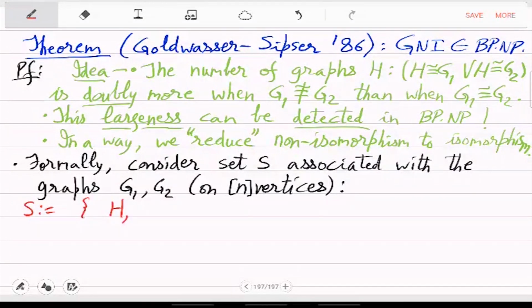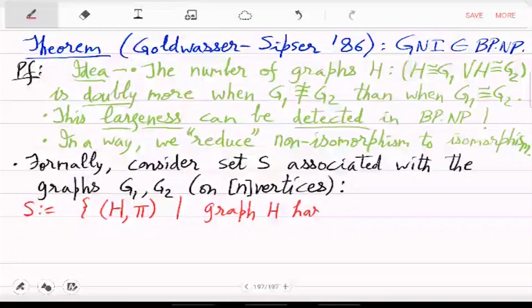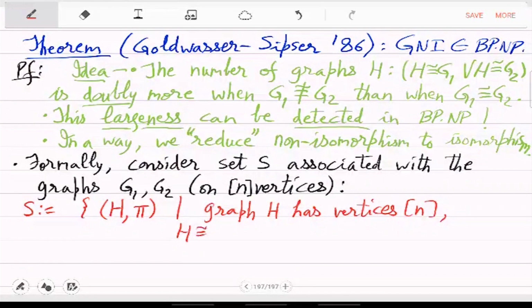We have H, but we also keep a permutation pi with that. So graph H has n vertices, H is isomorphic to G1 or it is isomorphic to G2.